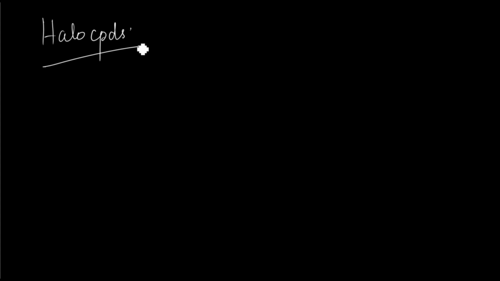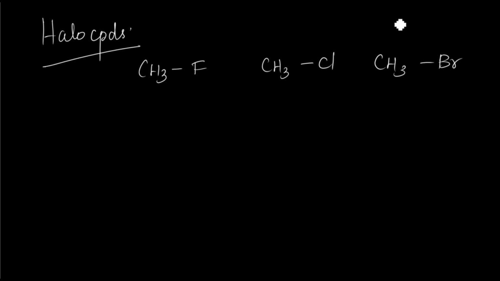Apart from the general isomerism and nomenclature part, here in halo compounds we are going to discuss the bond length. If I take simple alkyl halides, CH3F, CH3Br and CH3I, which will have more bond length? CH3F will have the least bond length, because bond length increases means strength decreases.